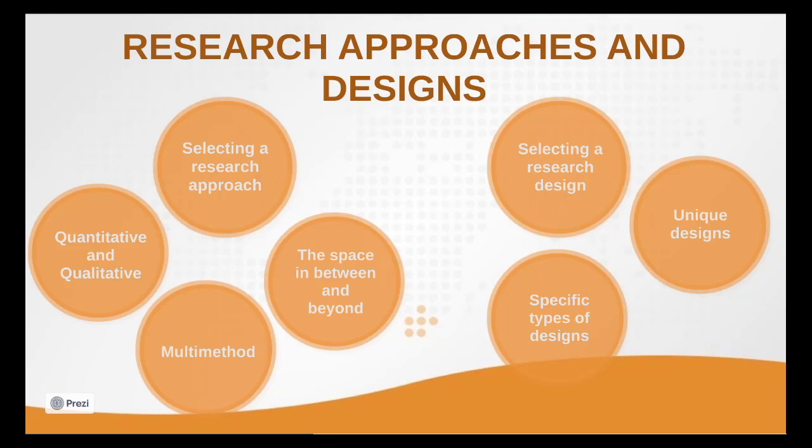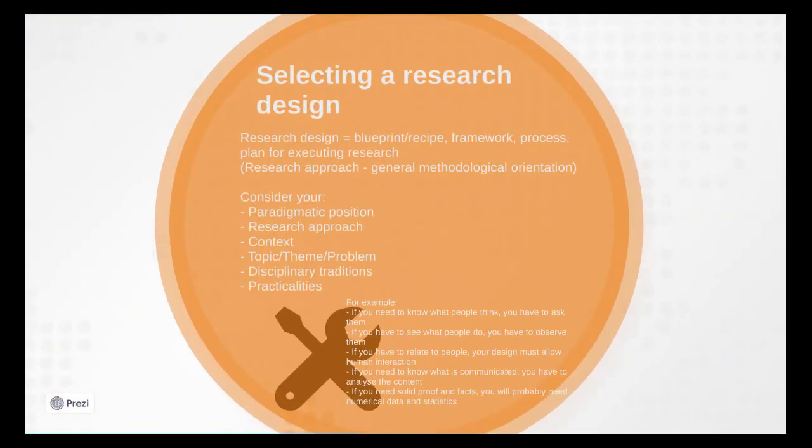These more flexible designs are usually associated with qualitative work, or where relational or consultative processes are part of the research. To choose the appropriate research design, you must of course know what will be suitable for your paradigmatic position and your general research approach.